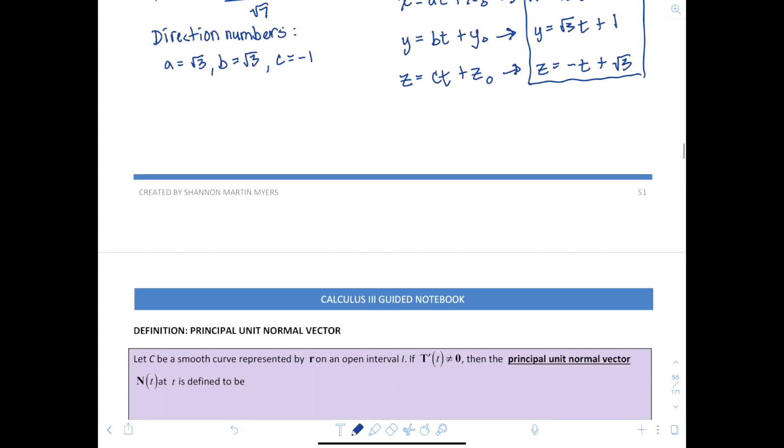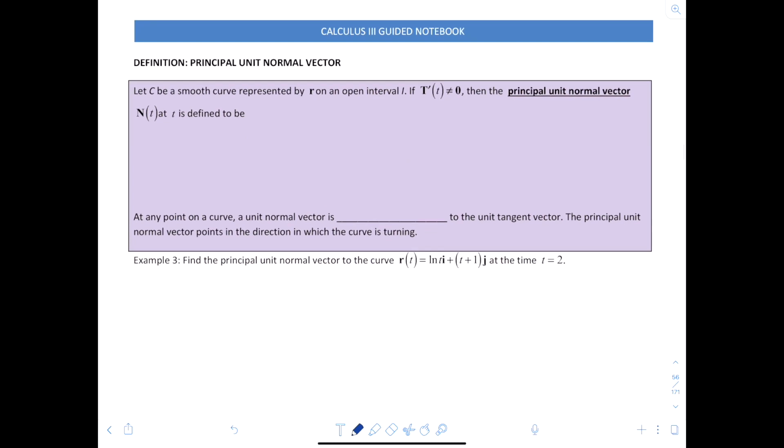All right, so next up we have a definition. Principal unit normal vector. So let C be a smooth curve represented by r on an open interval I. If T prime at t is not equal to 0, then the principal unit normal vector N at t is defined to be N at t equal to T prime at t over the magnitude of T prime at t.